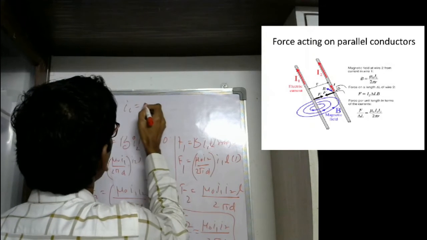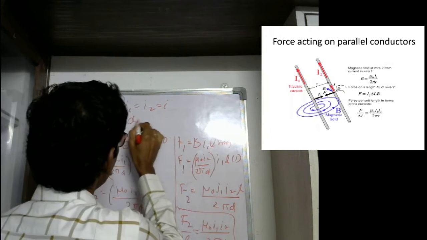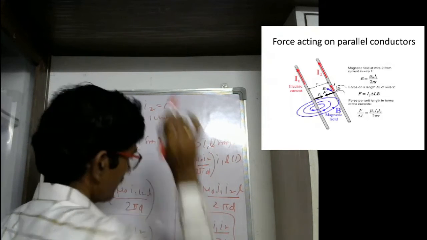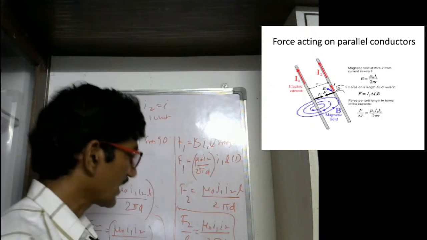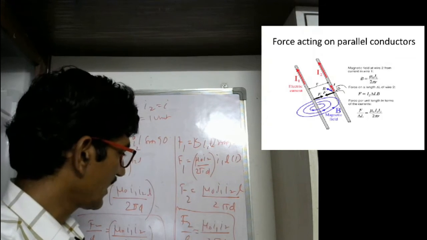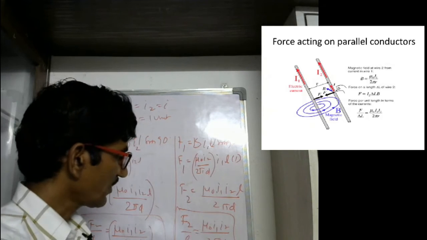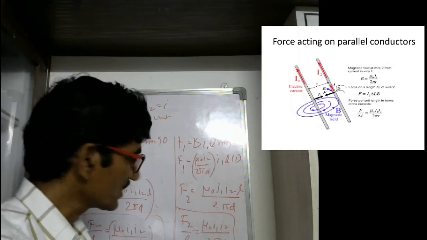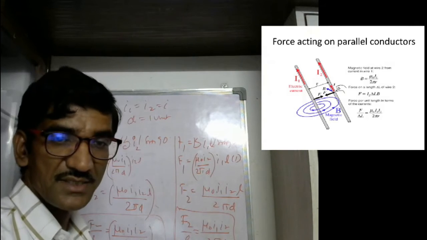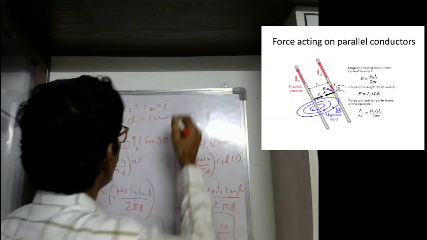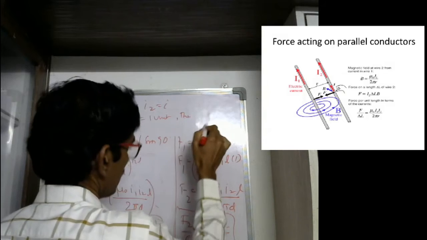Say you make I1 is equal to I2 is equal to I, and D is 1 unit. Then these terms disappear. Mu naught by 2 pi. What is mu naught? 4 pi into 10 power minus 7. 2 pi cancel. 2 into 10 power. Then what happens?